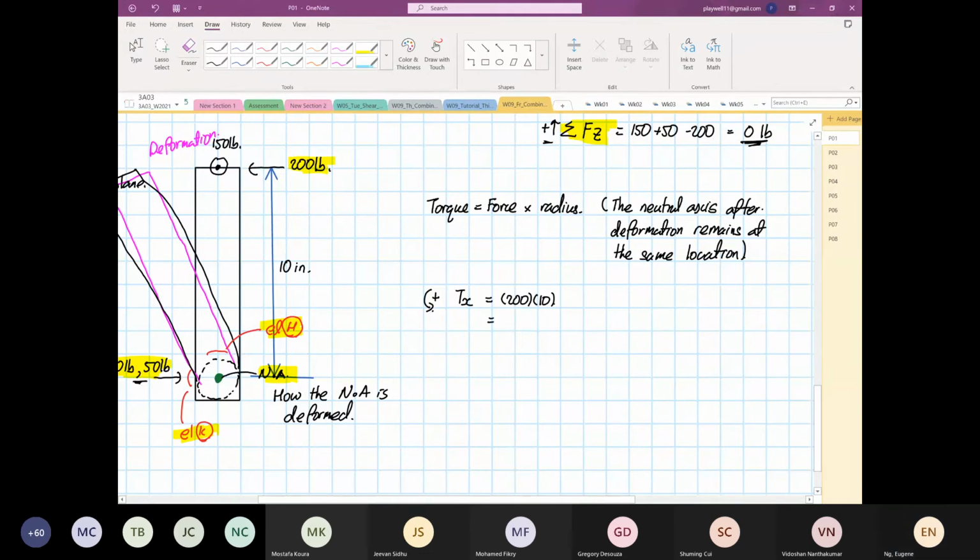So this is equal to 2,000 pound inch, and it's rotating in this direction.